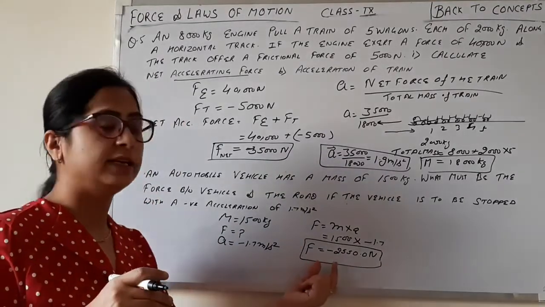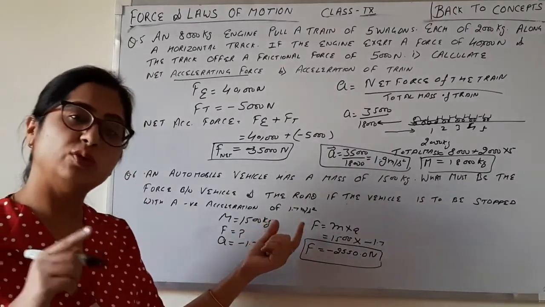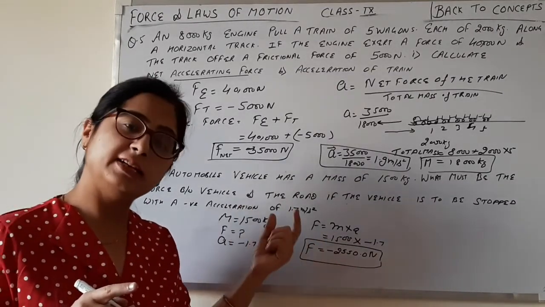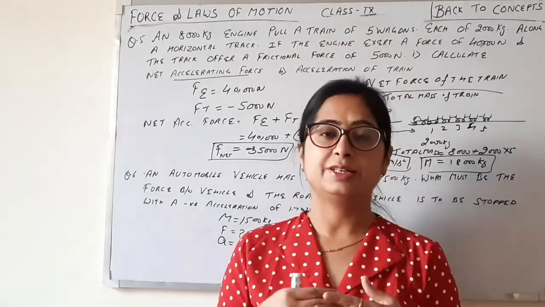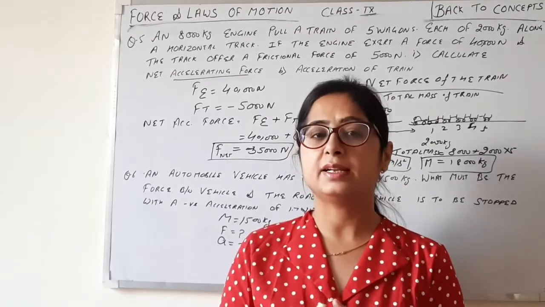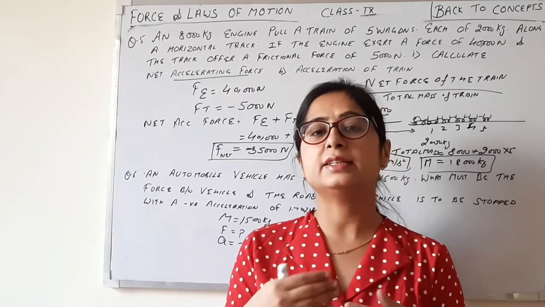So that's why the negative is here, and the acceleration is also negative, and if acceleration is negative then force is also negative. So till now we have covered 6 numericals, and the others which are left we will discuss in the next video.